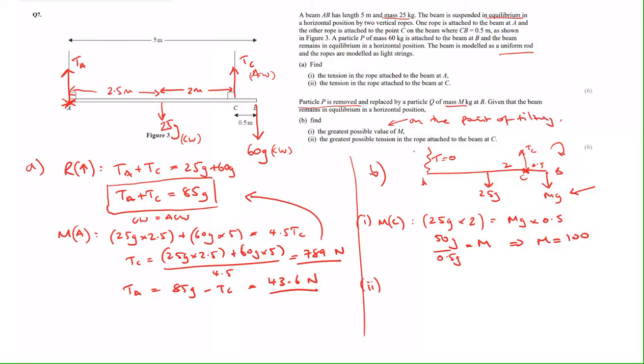The greatest possible tension then, we basically work with this value of m and say that the forces up are equal to the forces down in this particular case. So TC as a force up should be equal to the two forces going down. And now we found m, that's 100g. So the greatest possible tension is going to be 125g, or 1230 newtons.